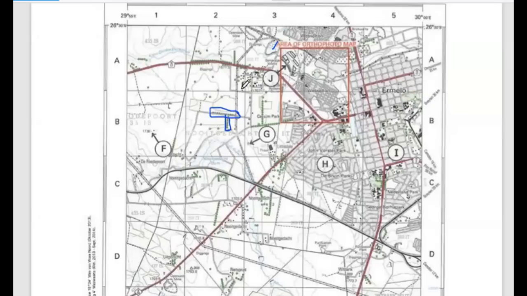Unfortunately, because of the resolution of our map, it's a little bit blurry and you can't see properly, but there is also a power line here, and there is also a hiking trail, though it's not very clear.